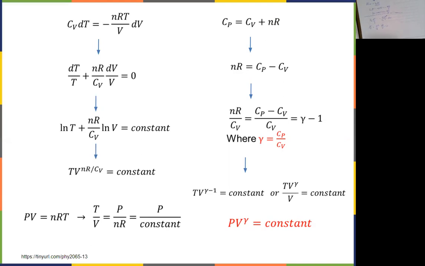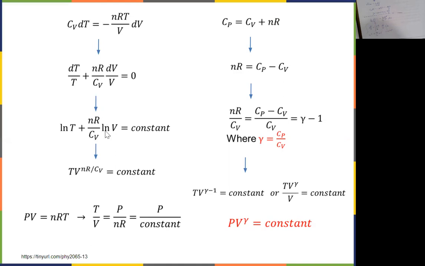For this you can do the integration on both sides, right? Integration of 0 will give a constant. On the first term it's going to become the natural logarithm of T, because this is dT over T. On this one, these three are constants, so it's nR over CV times ln of V. So you get that. Natural logarithm function here and natural logarithm function there.